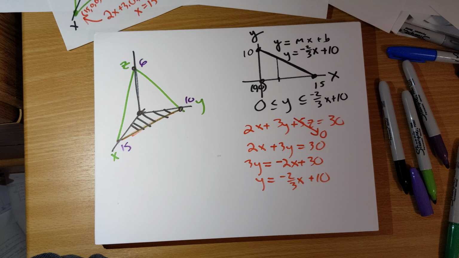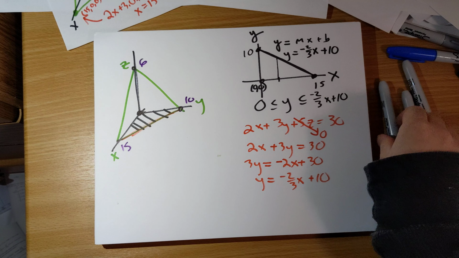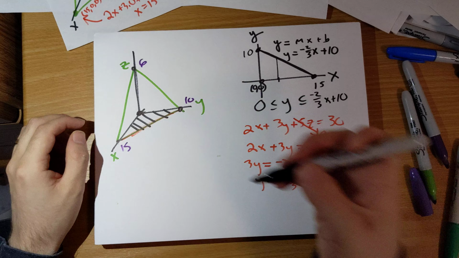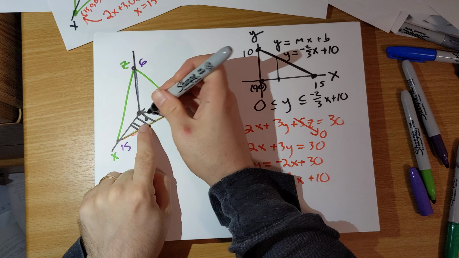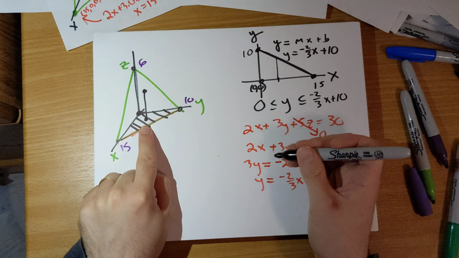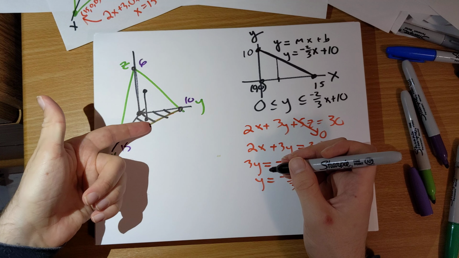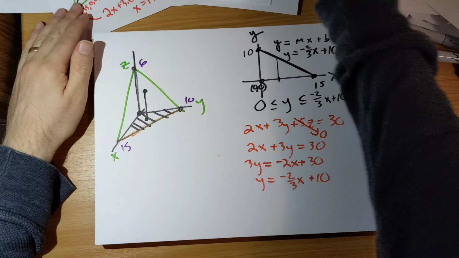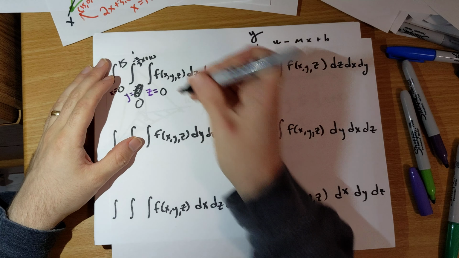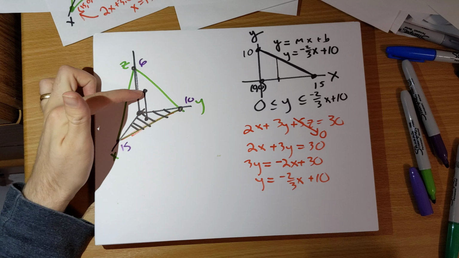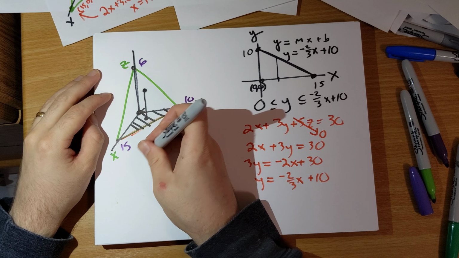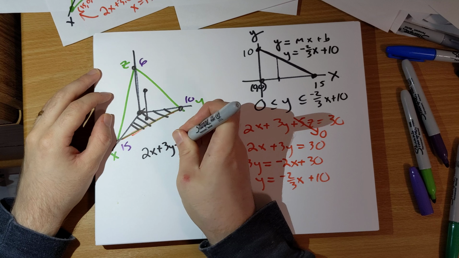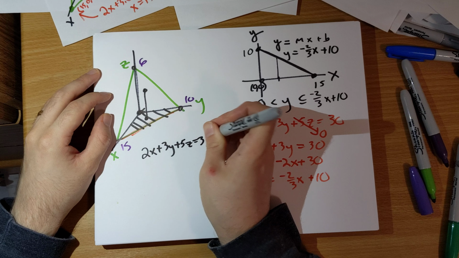Okay, so the last thing we have to do here is fill in z in terms of x and y. What are the bounds on z in terms of x and y? So for a particular point in the xy plane, z runs from 0. The smallest z can be is 0. And we go up until we hit the plane. Of course, the equation for the plane is 2x plus 3y plus 5z is equal to 30.